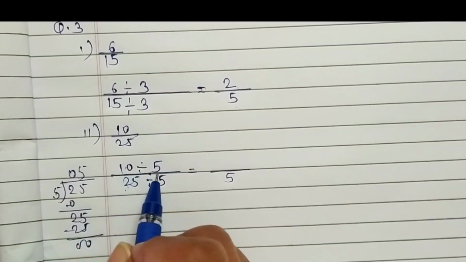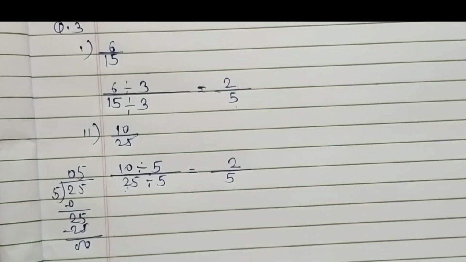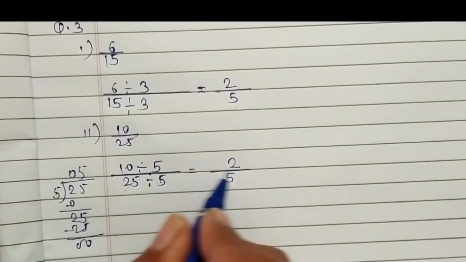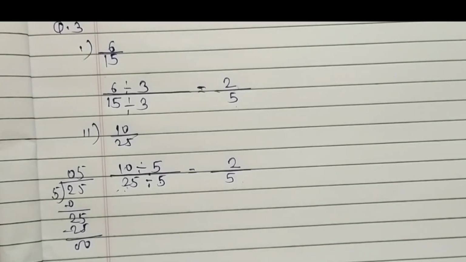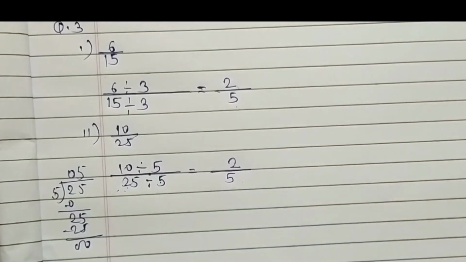When we divide 10 by 5, we get 2. 2 5s are 10, or 5 2s are 10, and 5 5s are 25. So the fraction we get is 2 upon 5.